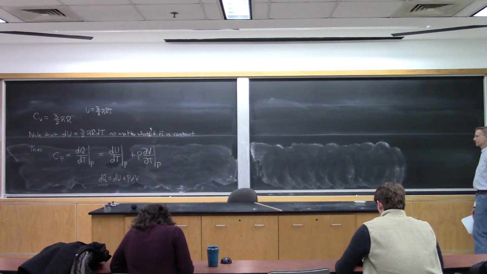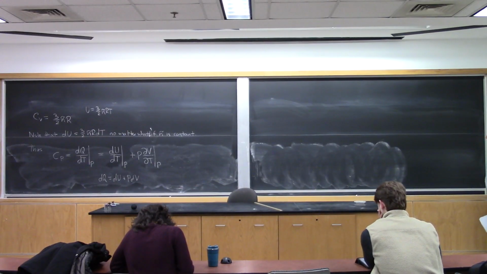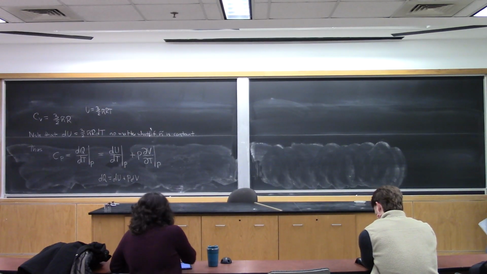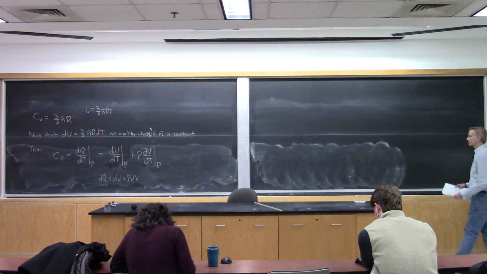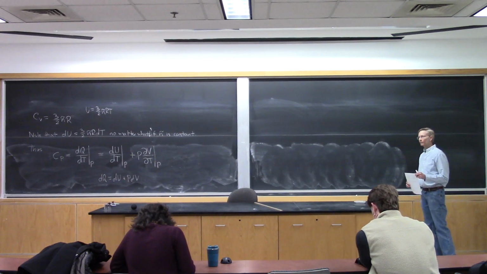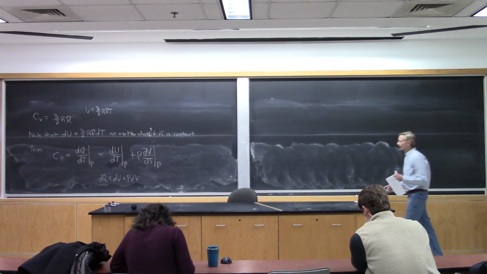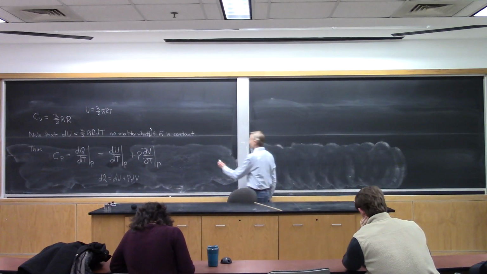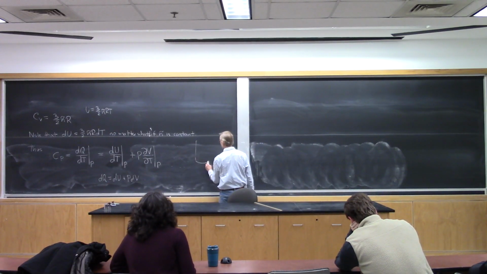Done with that expression, we have to figure out, okay, what is dV/dT at constant pressure? What's the rate of change of volume with respect to temperature if we're holding the pressure constant? And again, the idea would be with our piston-cylinder arrangement.